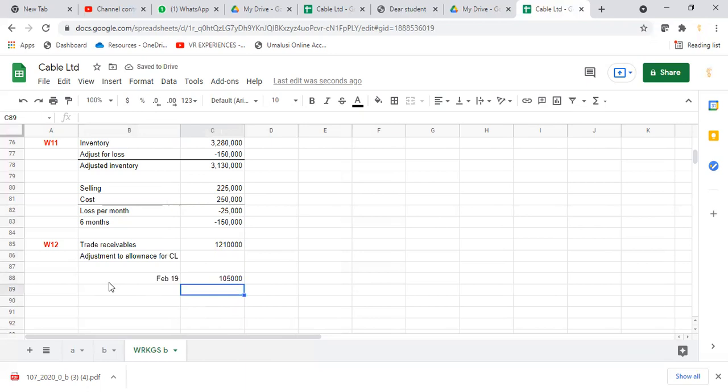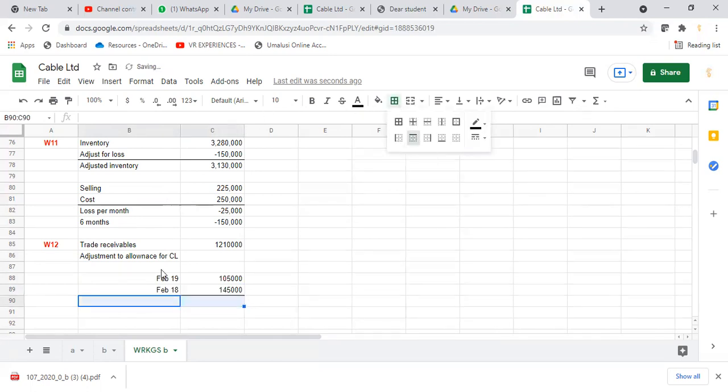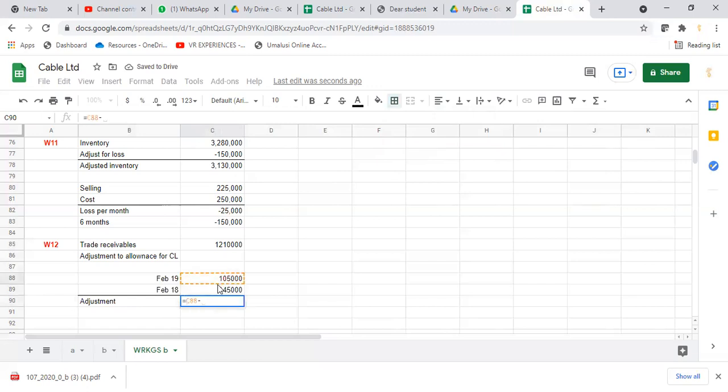Feb 18, it is at 145. So therefore, the adjustment is the difference. Okay, so expect the allowance to reduce.